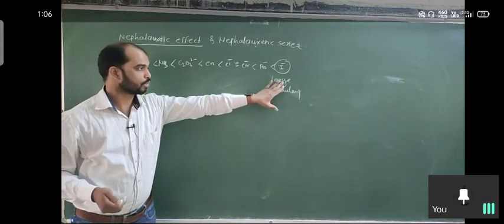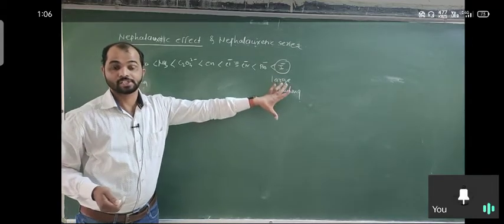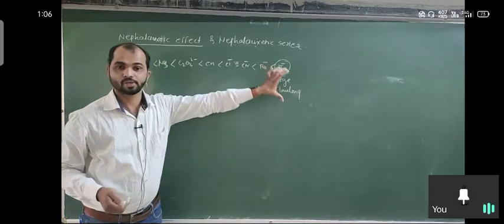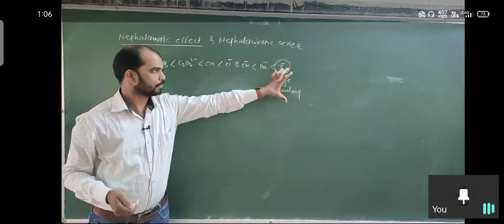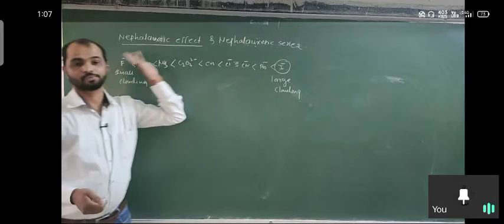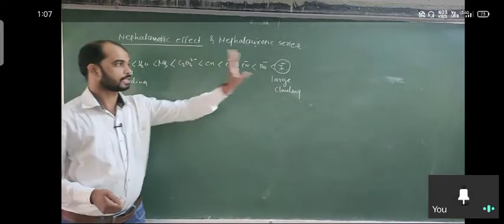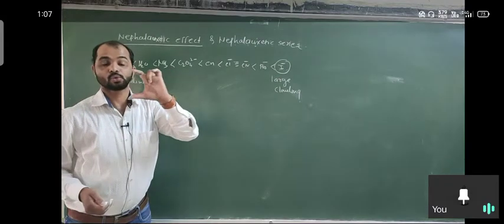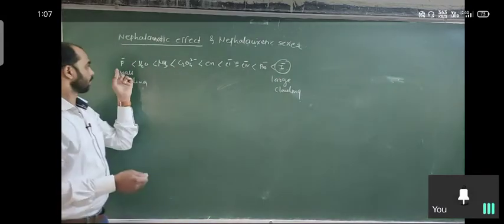So more delocalization here means less repulsion between the electrons, which causes smaller splitting. If we compare the ligands, one is fluorine and another is iodine. Here there is less energy difference between the two energy levels, and here more energy difference.